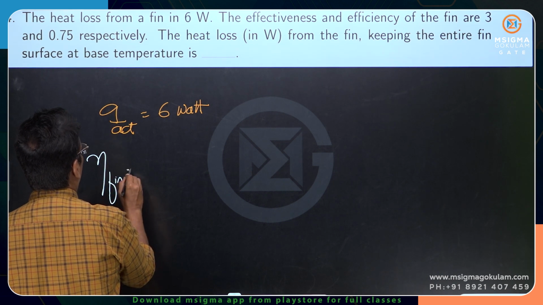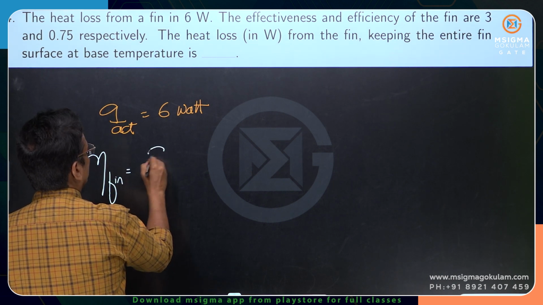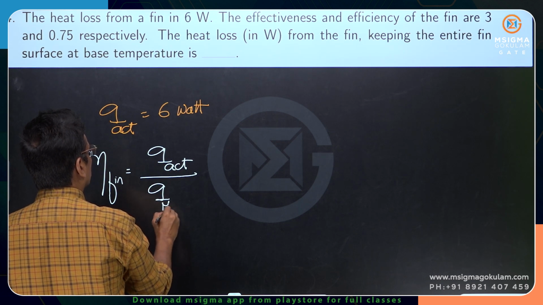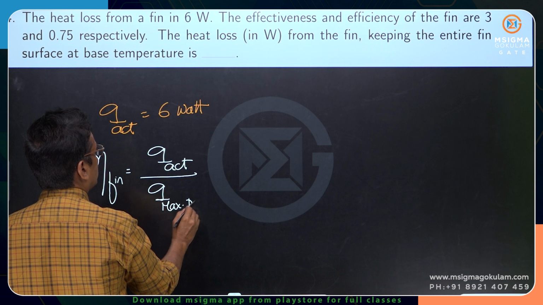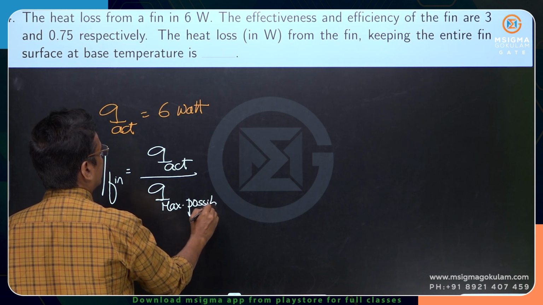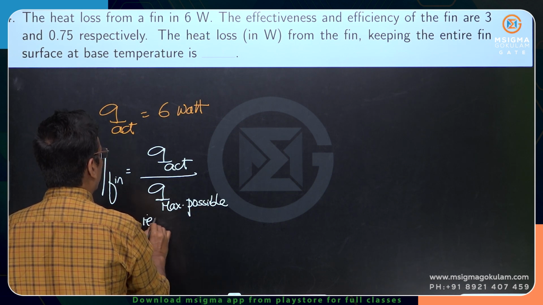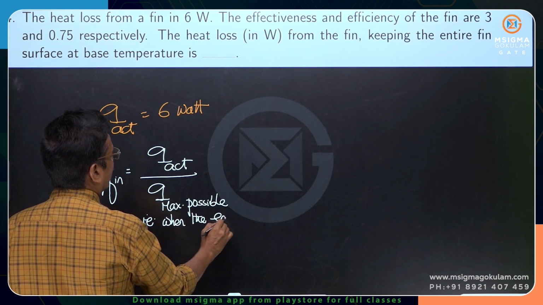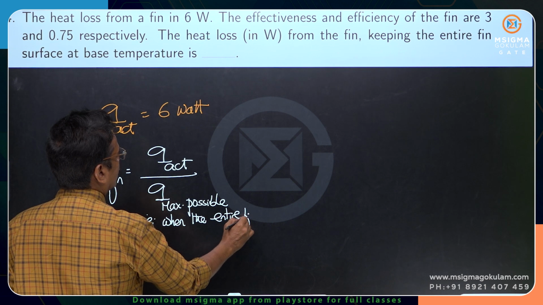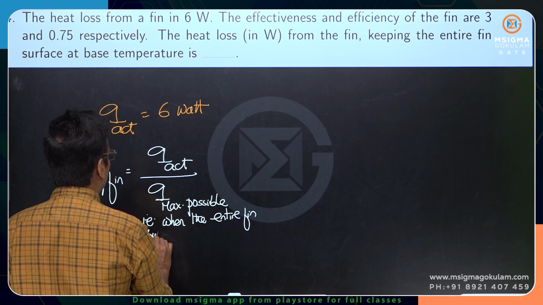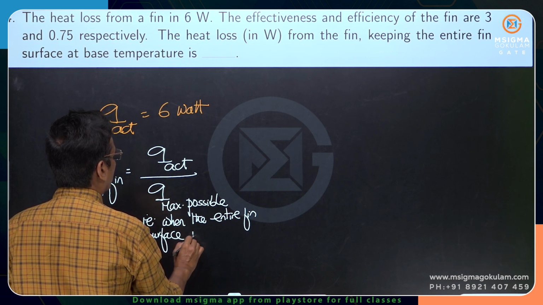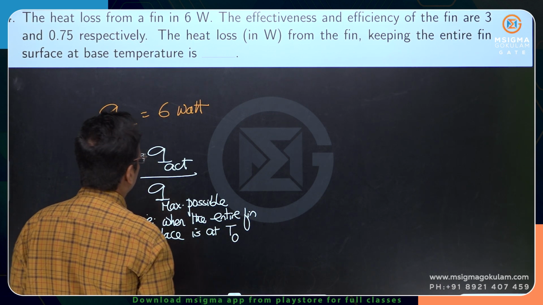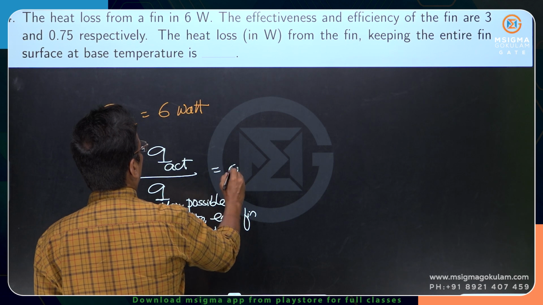Efficiency of the fin is Q actual divided by Q maximum possible. Maximum possible heat transfer happens when the entire fin surface is at T naught. This is given as 0.75.